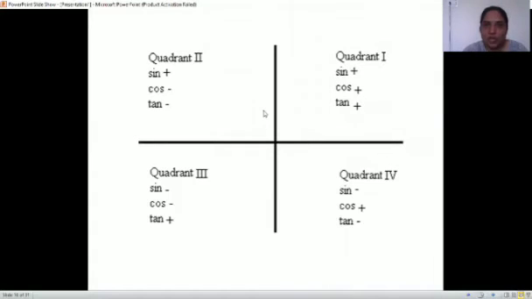Or we can write what? Pi by 2 plus pi by 3. Correct? Yes, 5 pi by 6. So what will be the value of sine 5 pi by 6? 1 by 2.